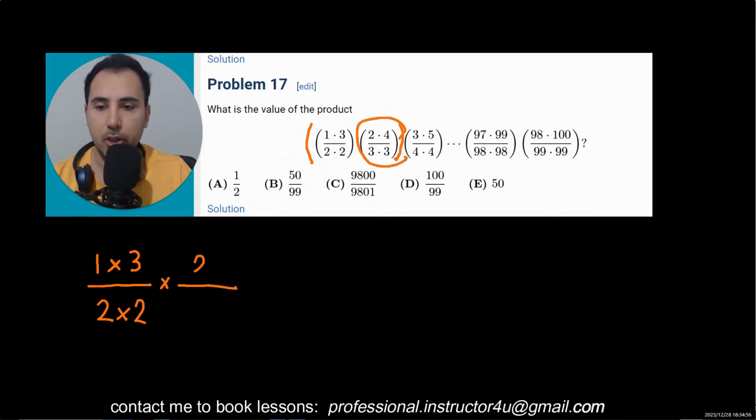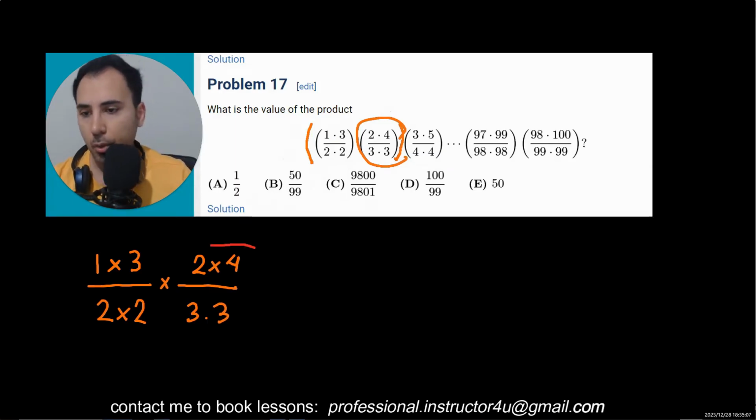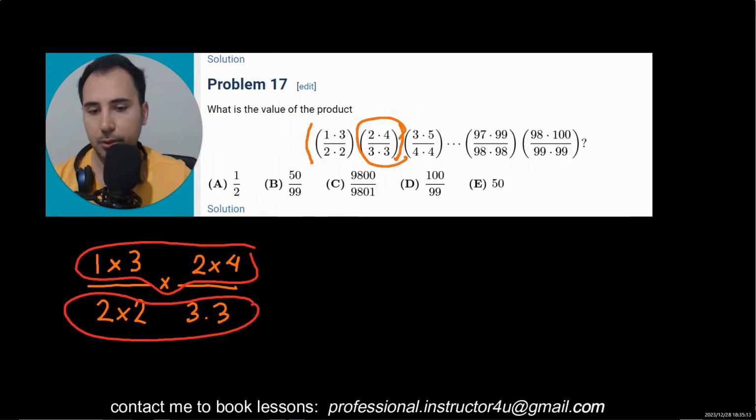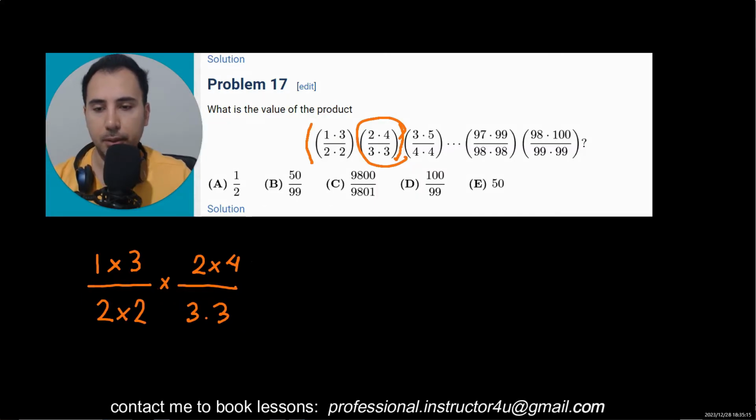Okay, 2 times 4. 3 times 3. So, and then how do we deal with them, right? So we just know that all these numerators are being multiplied together and all the denominators also are in another group. So really, I could just go on and make a big fraction line.